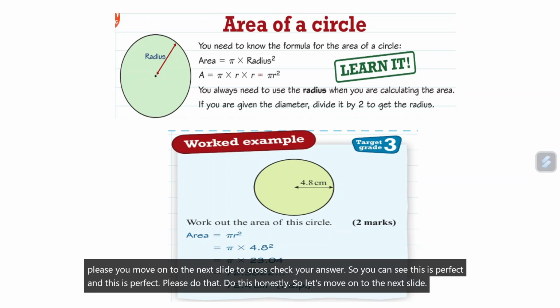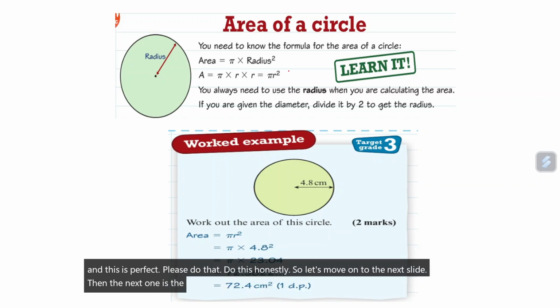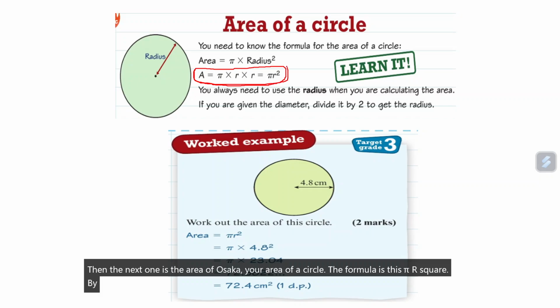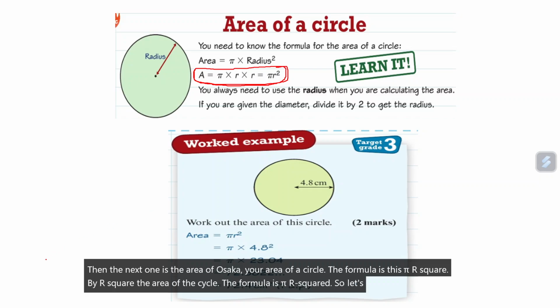Then the next one is the area of a circle. The formula for the area of a circle is pi r squared. So let's move on to the questions available.